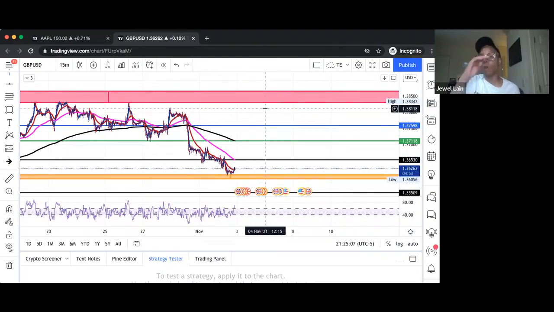So yeah, you want to make sure that if you're going for 25 pips, you at least do a 40, 50 pip stop. That's my opinion. You can do a 30 pip stop, you can do a 40 pip stop, but I don't want to be kicked out of the trade.